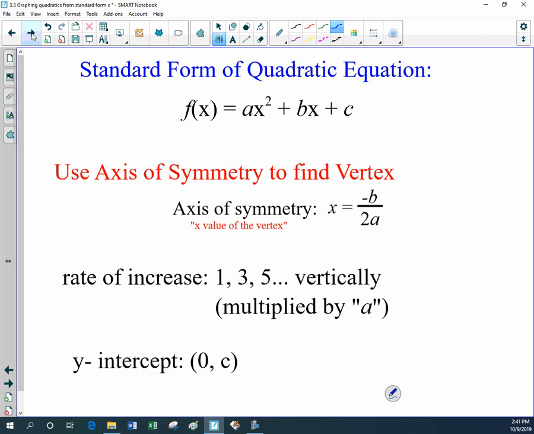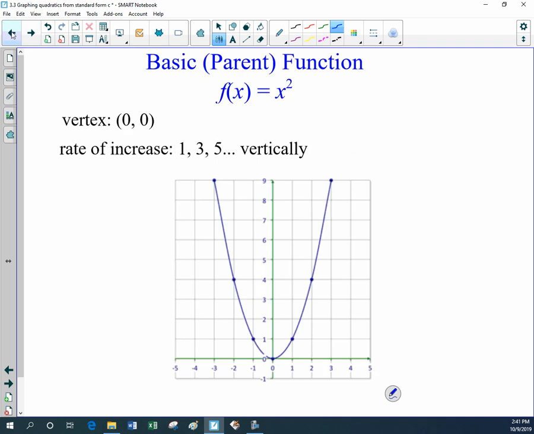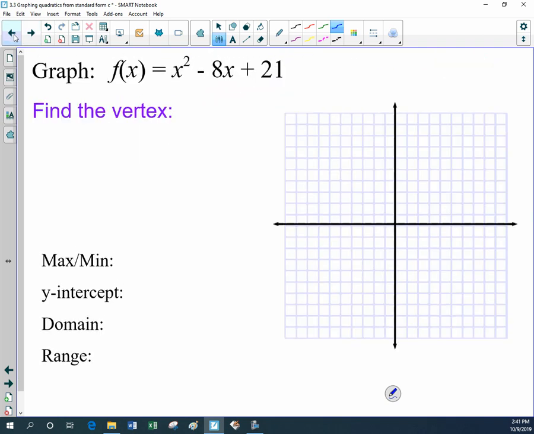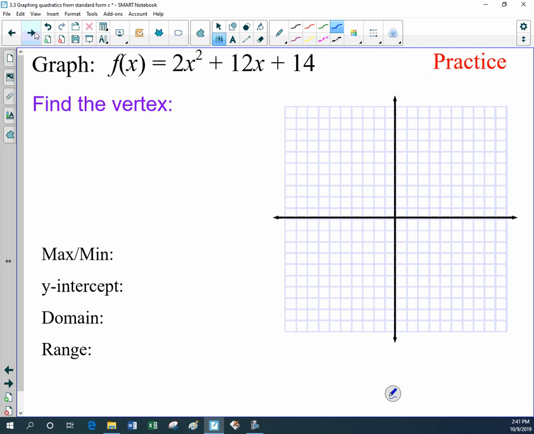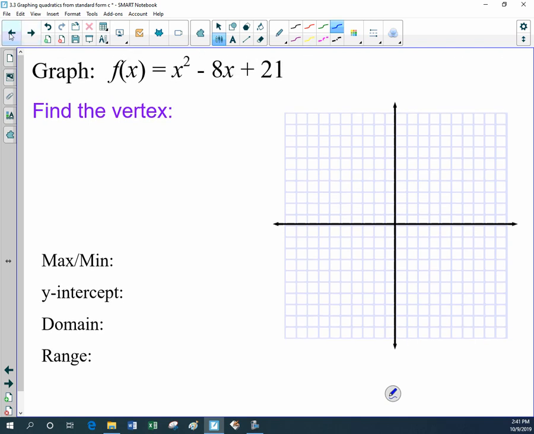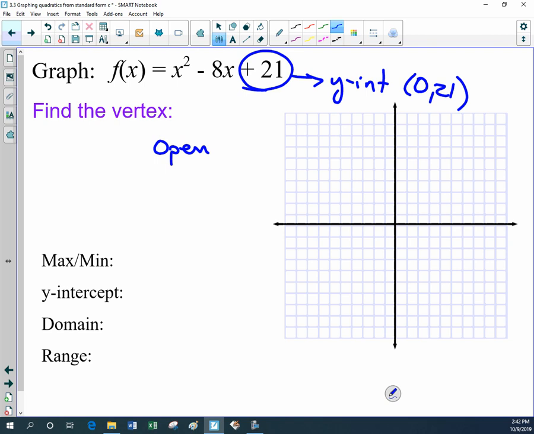Just looking ahead here. Okay, so let's just look at some of these. So this one right here, x squared minus 8x plus 21. Here's what we know just by looking at it. We know that it has a y-intercept of (0, 21). We know that it opens up because a is a positive 1.